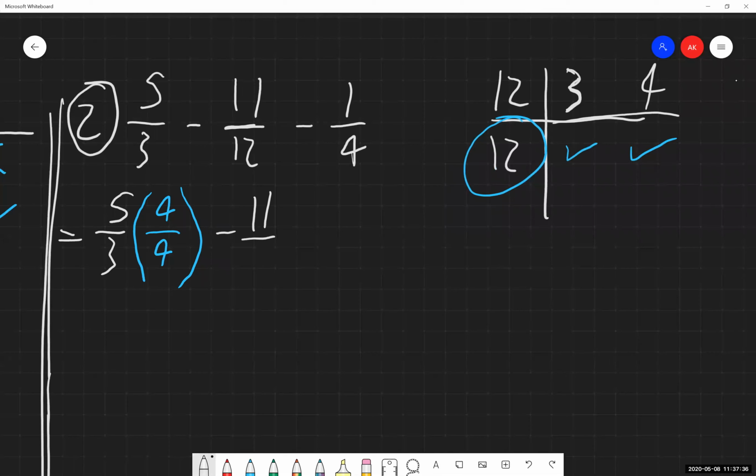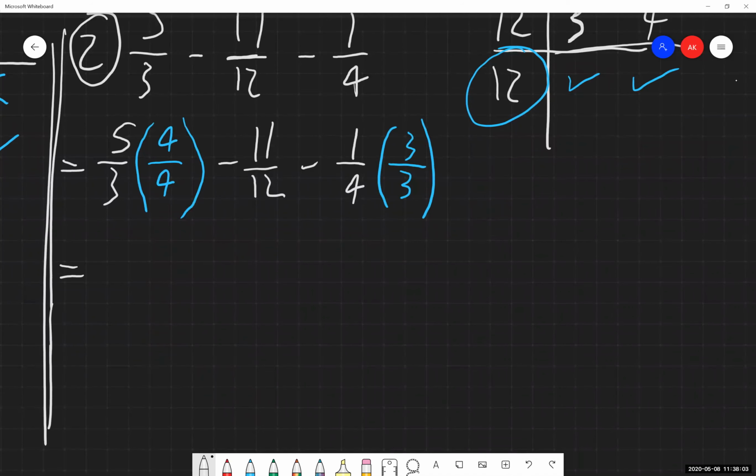The middle fraction already has a denominator of 12, which is great, so we can leave it exactly as it is. Move on to the last fraction. I want that denominator to be 12, so I need to multiply the bottom by 3, and subsequently multiply the top by 3, because again, I'm creating an equivalent fraction.